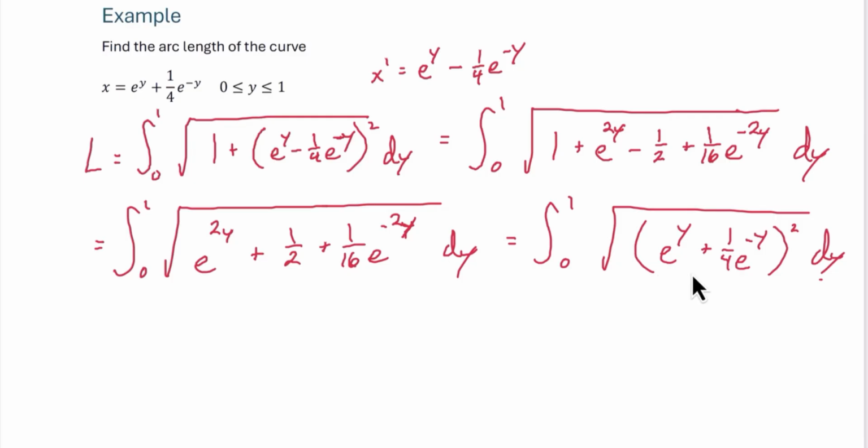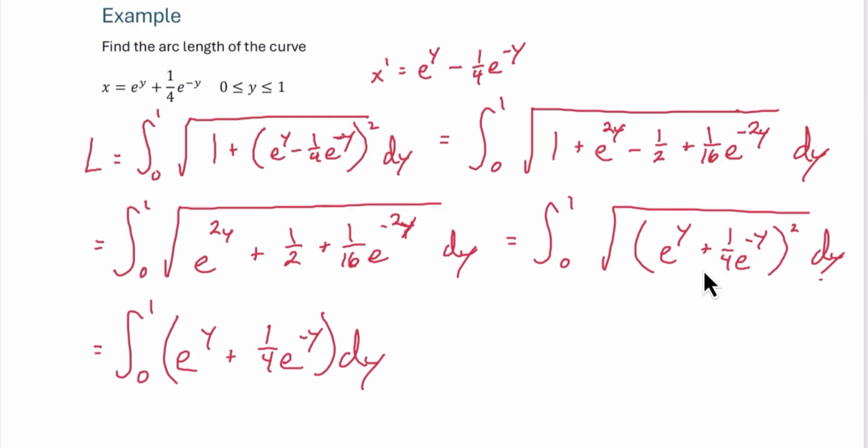We like having a perfect square under the radical because now the radical will go away. We're left with the integral from 0 to 1 of e to the y plus 1/4 e to the negative y dy.